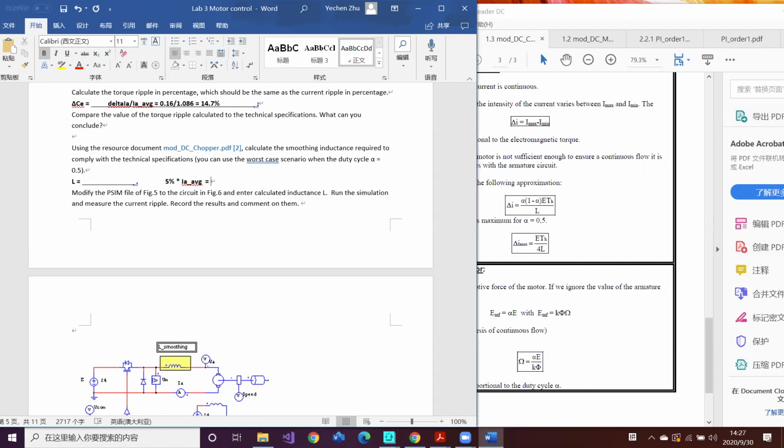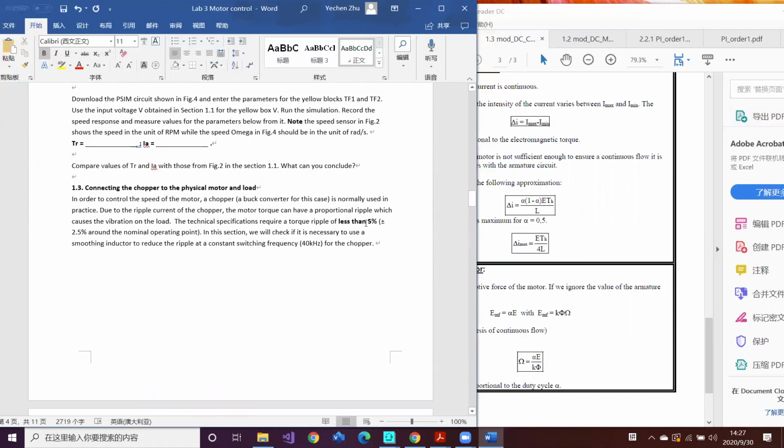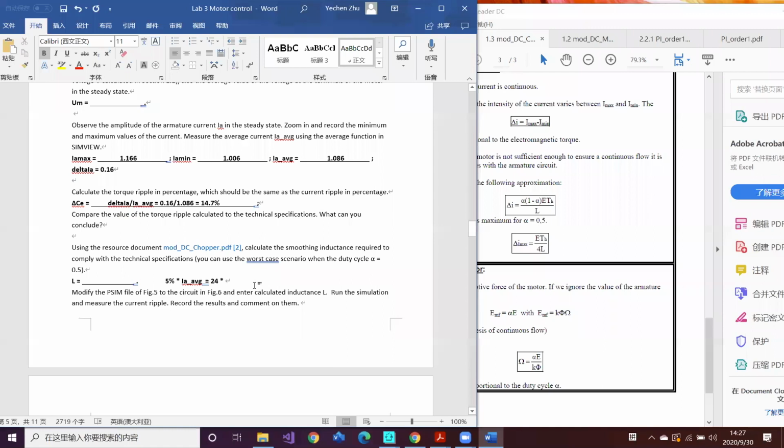On the right-hand side, the upper term is E, our input voltage, so it's 24 volts times TH, the period of the frequency.